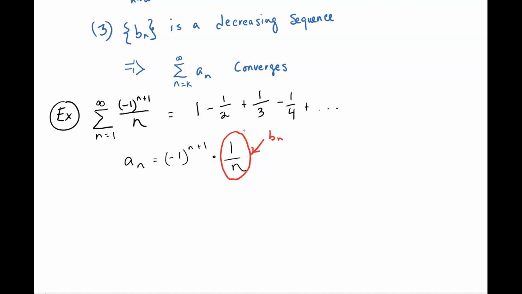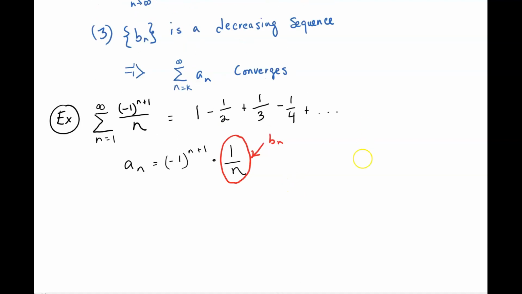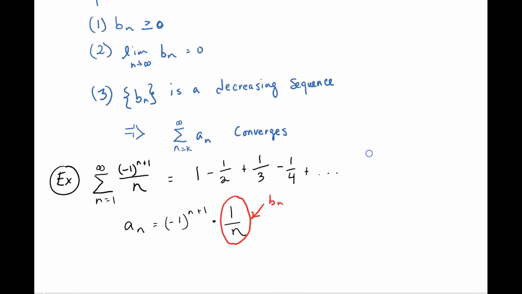If you remember the harmonic series from a previous video, that's quite interesting. But let's go ahead and check. We know the elements of b sub n are positive, because we're not looking at the alternating portion; we're looking at 1, 1/2, 1/3. They are definitely all positive.